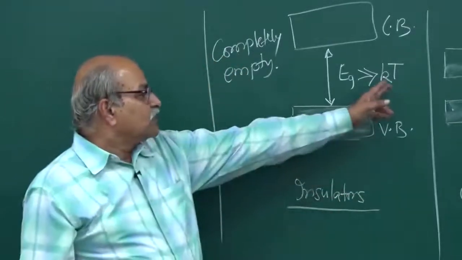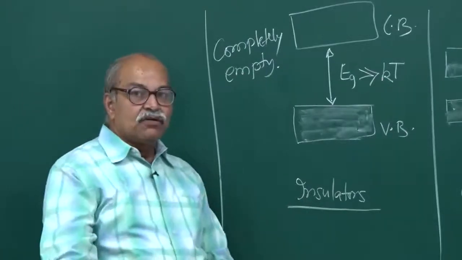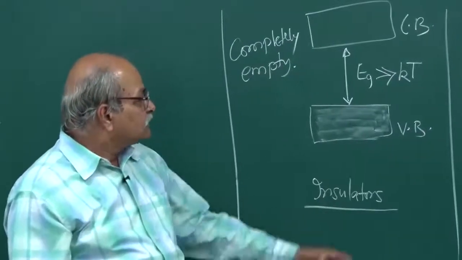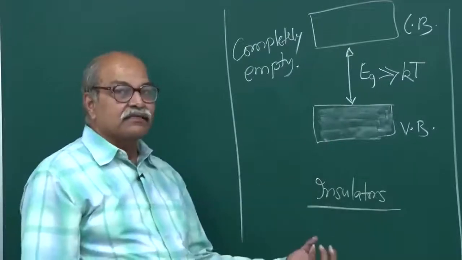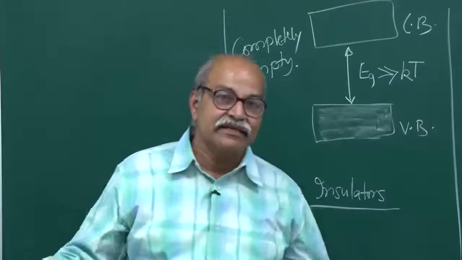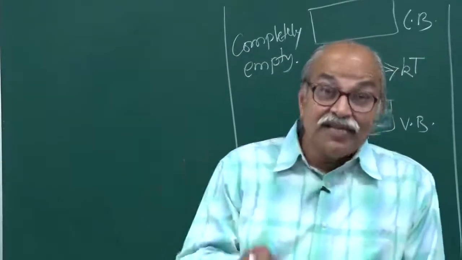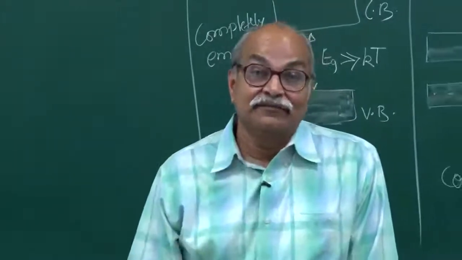Now let's talk about this KT business. As I told you, through thermal interactions, electrons and the lattice keep exchanging energies, and that energy exchange is on the average of the order of this KT.